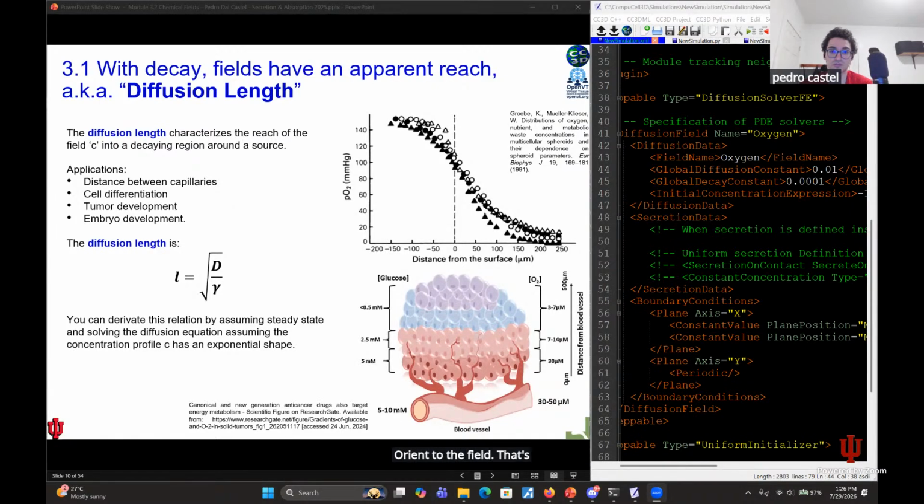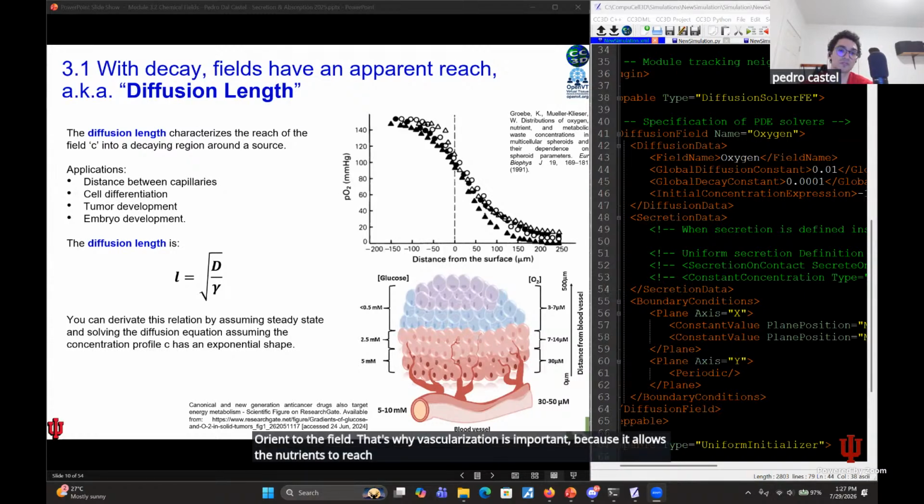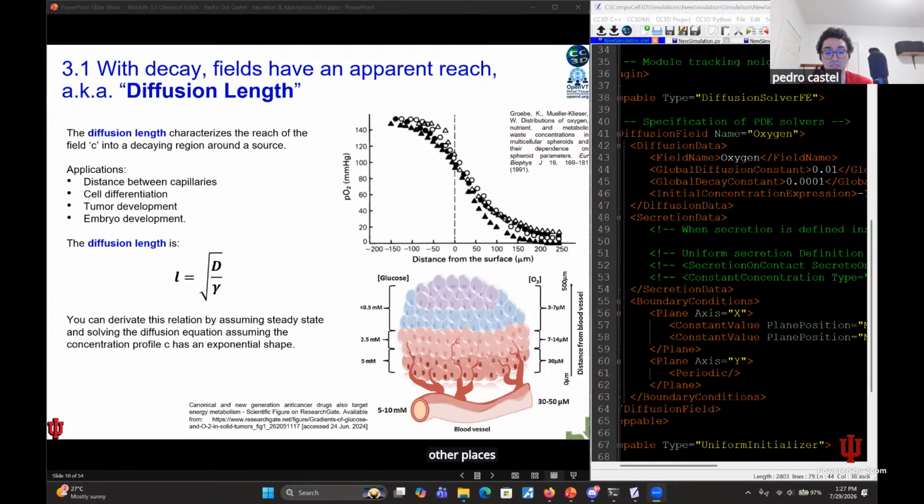That's why vascularization is important, because it allows the nutrients to reach further into the tissue by supplying other places, supplying deeper into the tissue. Not just relying on diffusion, because not only does diffusion take a while to happen, the field also gets destroyed by cells that are absorbing these nutrients, oxygen and others.